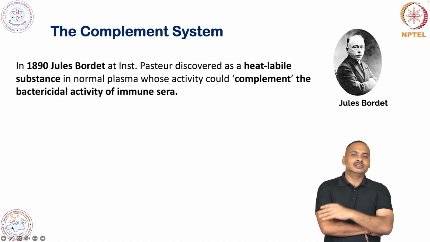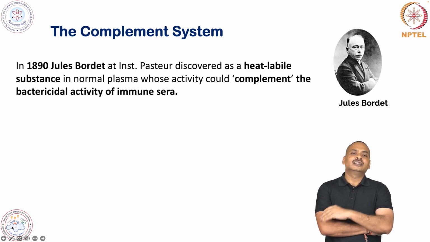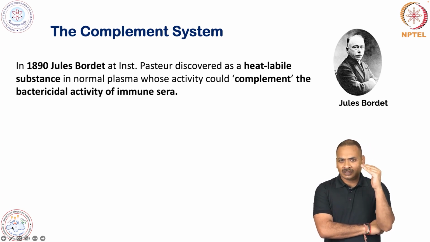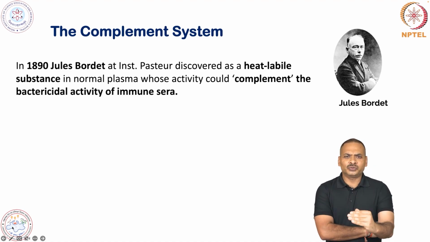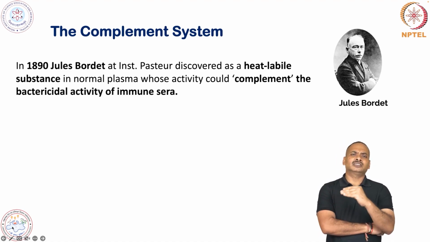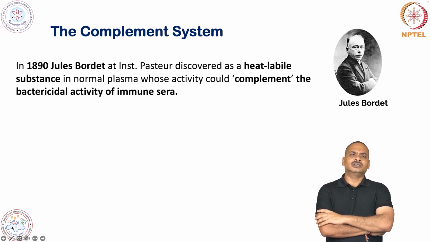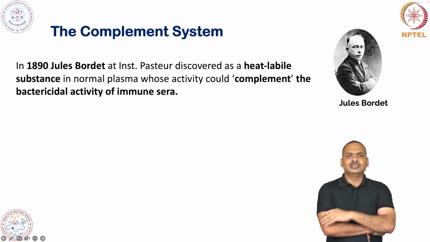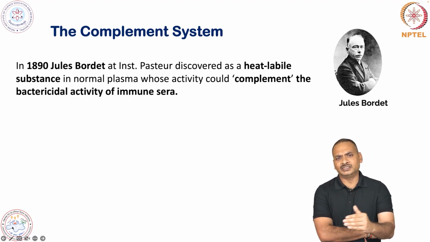So basically he was working in Metchnikoff laboratory at Institute Pasteur, and after his experiment his observation was that there is some factor in the serum which is a heat labile factor, and this heat labile factor is responsible for the bacteriolysis.